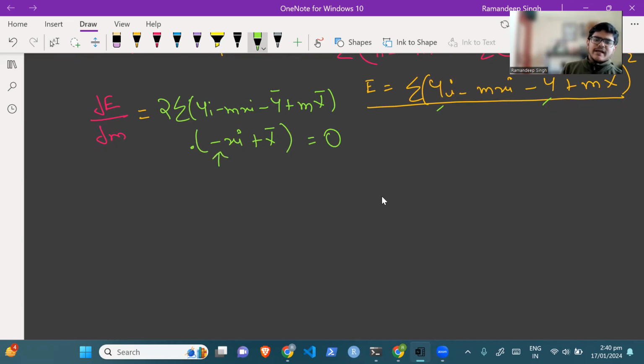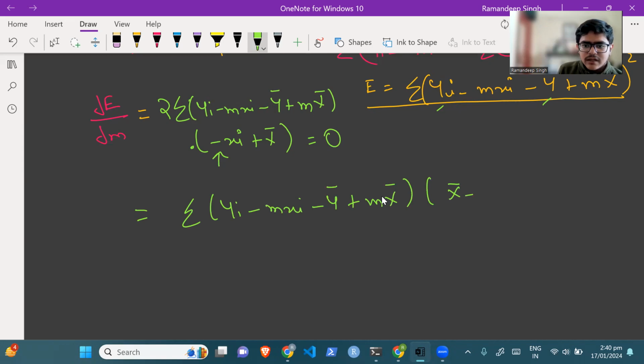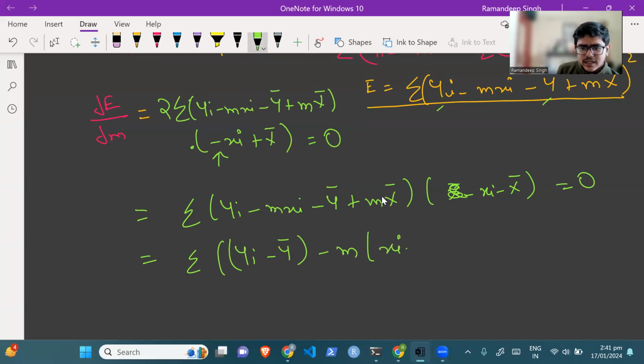And if I take this minus out, I will get summation yi minus mxi minus y bar plus mx bar, multiplied by xi minus x bar, and this is equal to 0. Now I will take m common from here: summation yi minus y bar minus m xi minus x bar, and this is in multiplication with xi minus x bar.